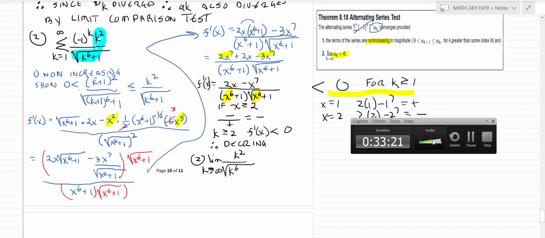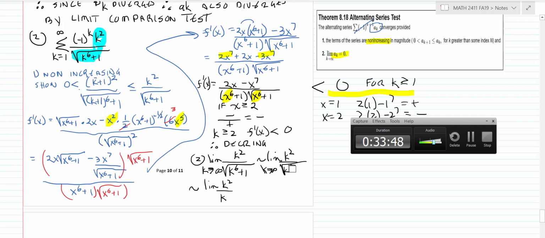Okay, so we have this. Again, what you can do on this is you can just say, for all practical purposes, this is the same as k to the second over the square root of k to the third as k goes to infinity. So that's going to be about the same as the limit of k to the second over k to the sixth, wasn't it?